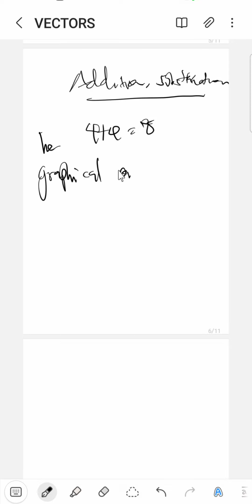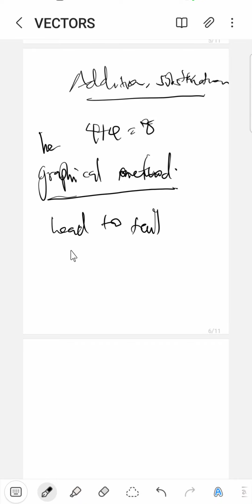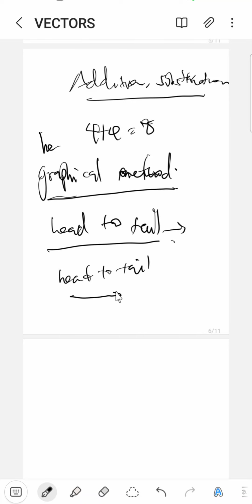Okay, so the graphical method follows a certain rule, which is the head to tail rule. The head to tail rule states that you should add vectors head to tail. What do I mean? Let's say you have vector A plus vector B, right?